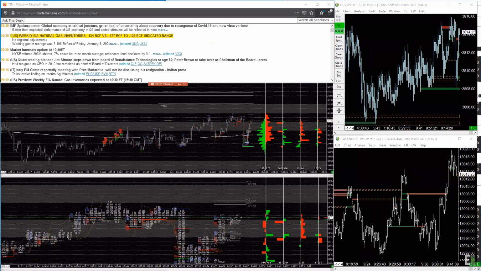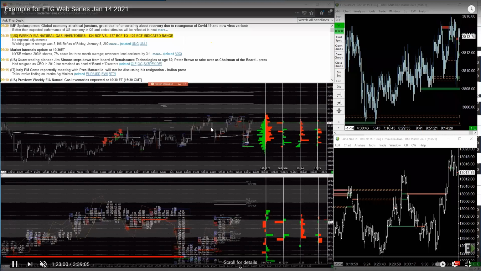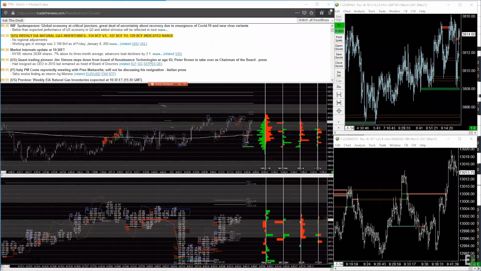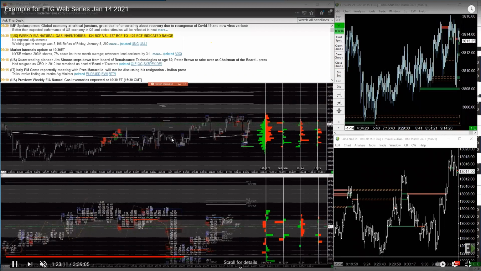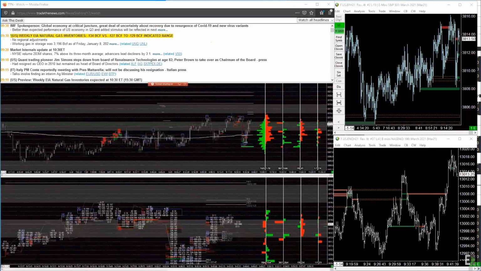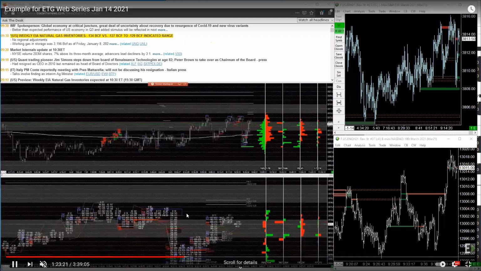I reference it. There are key spots on this chart that I look at, and that's it. All of these lines have to do with orders and order flow. There's no Fibonacci or moving averages. The VWAP is the only mathematical thing on here. They're all orders: aggressive, passive, stops, big buyers, big sellers.